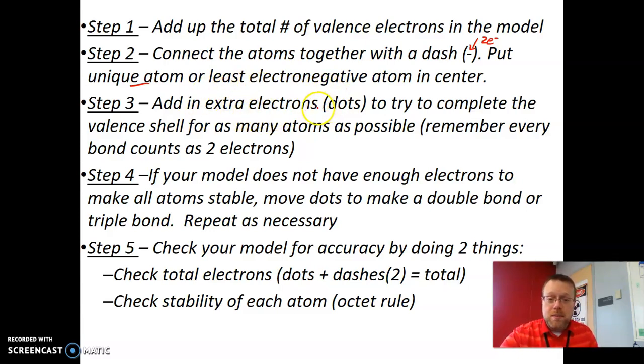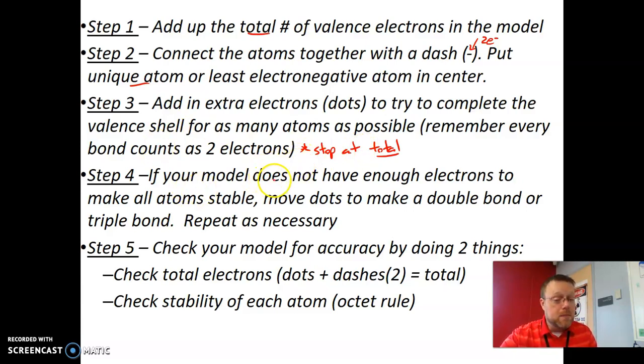Then you're going to add in some extra electrons as dots to try to complete the octet, the 8 electrons, for as many atoms as you can until you hit your total. Now, it's really important that in this step you stop at the total number of electrons that you came up with in step 1. You can't use more valence electrons than the atoms would have together.